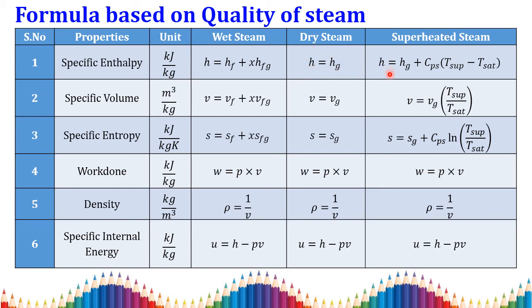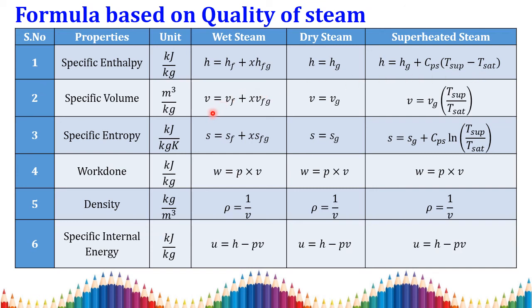For superheated, h is equal to hg plus cp, the constant pressure specific heat of the superheated steam, times T superheated minus T saturation, the difference between the superheated and saturation temperature.